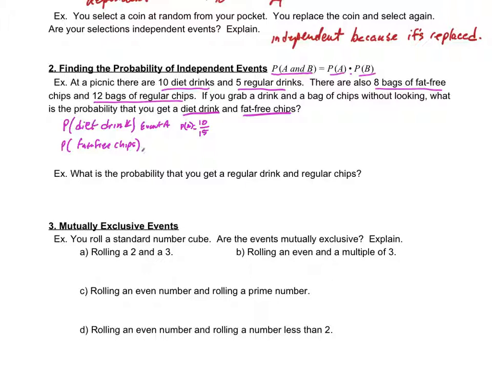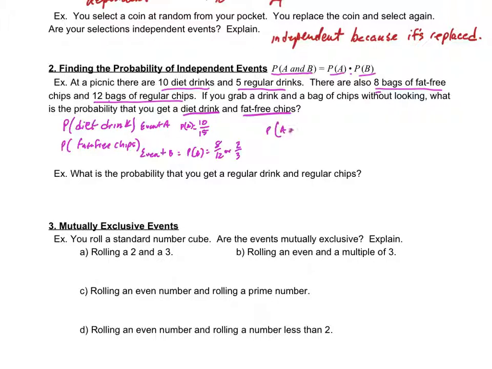And then the probability of event B is selecting our fat-free chips. We had 12 regular chips and 8 fat-free, so the probability of B is going to be 8 over 12, or 2/3.